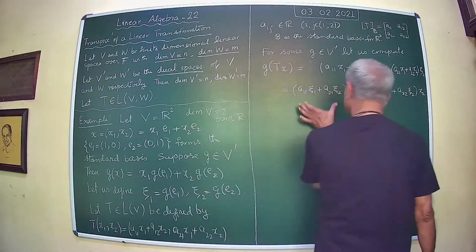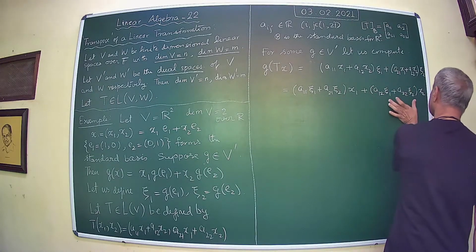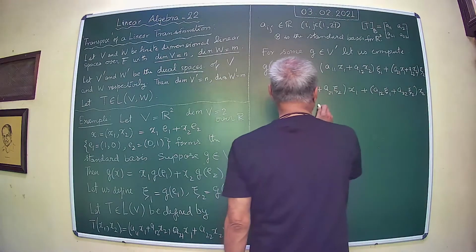So it is actually some scalar multiplying x1 plus some scalar multiplying x2.